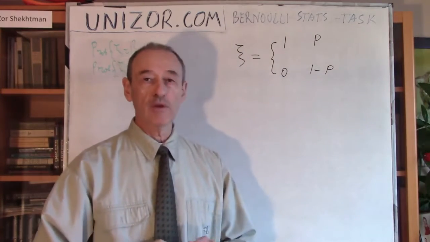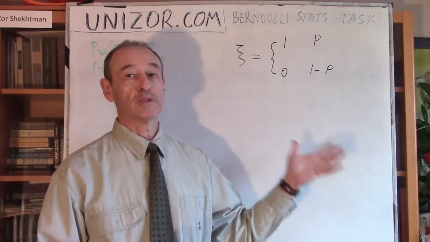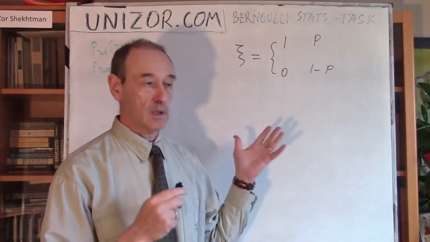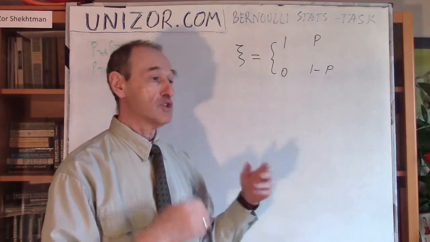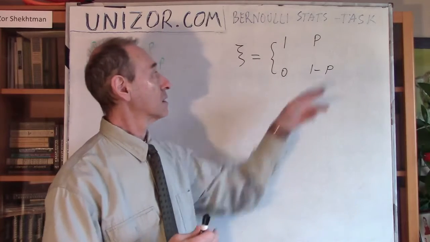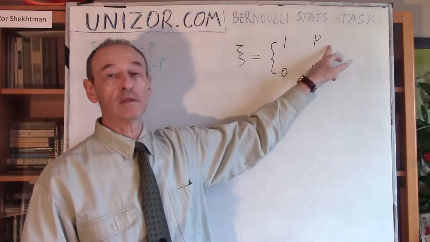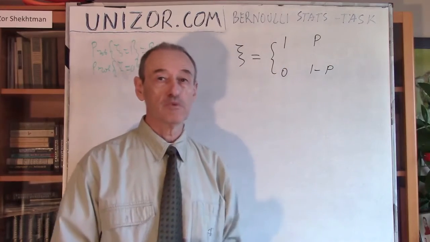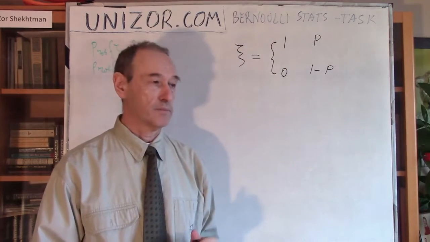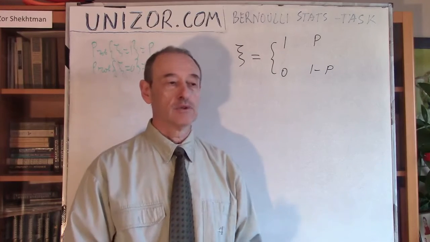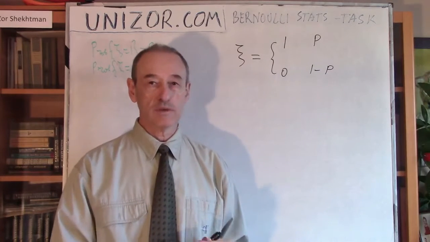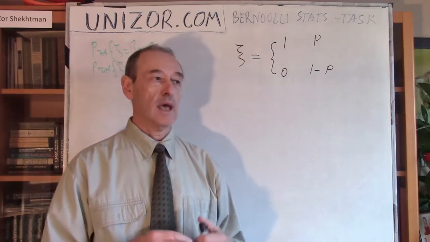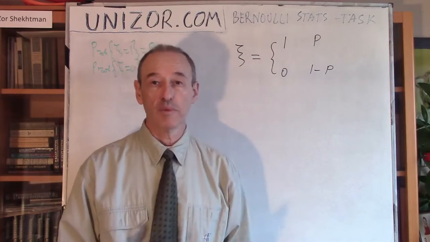And we want to evaluate the distribution of probabilities of this Bernoulli random variable, which basically comes down to evaluation of one single number p. So what is the probability p which we would like to evaluate? Well, let's go back to the foundation of the theory of probabilities and think about what is the probability.